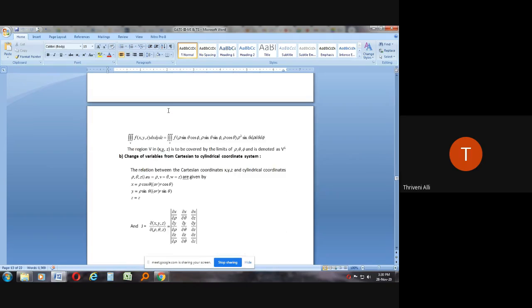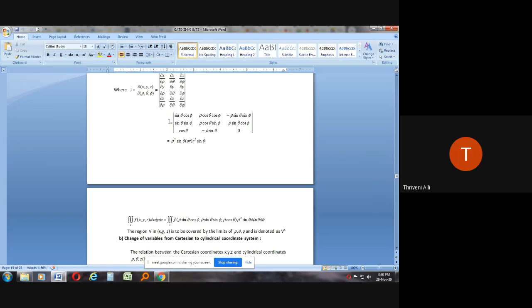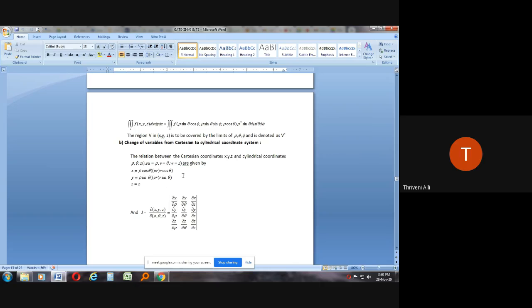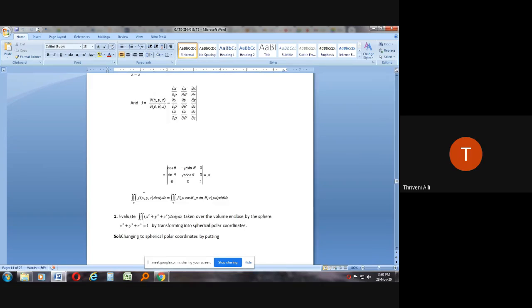Okay. So changing from Cartesian to cylindrical coordinates also. Whereas in spherical coordinates we have rho, theta, phi, in Cartesian to cylindrical coordinates we have rho, theta, z. Okay. So this is the evaluation.